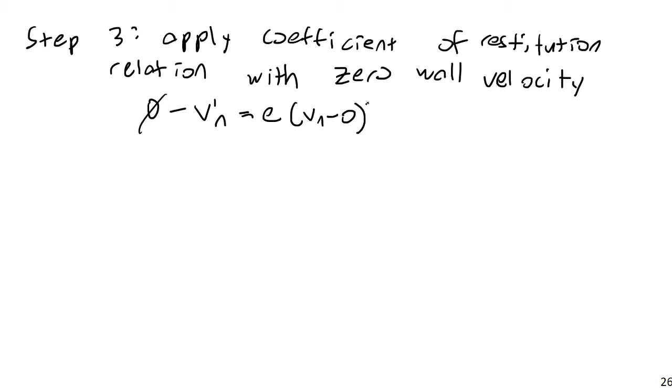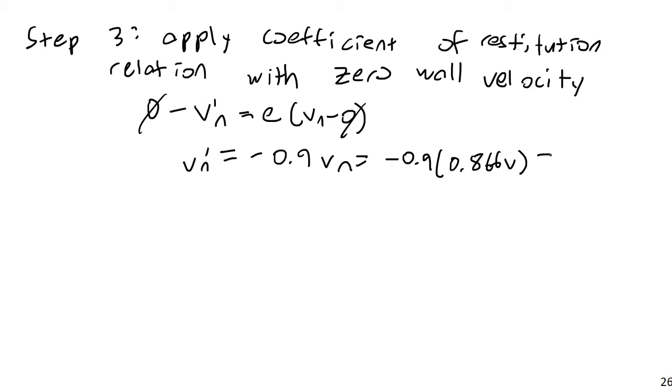So that will go away. And so simply Vn prime, the final normal component of the final velocity, is going to be equal to negative 0.9 times 0.866V, or negative 0.779V, and that would be our final component there.